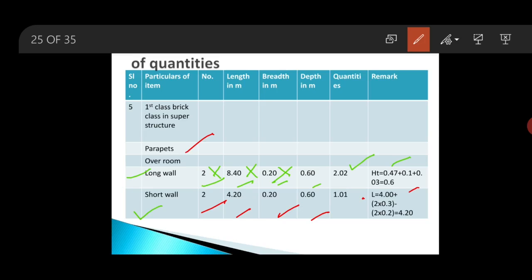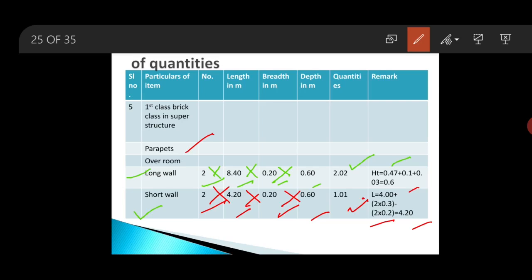Then from the out to out dimension you will subtract 0.2, that is the width of the parapet, from both the sides. Then we will multiply the dimensions and get the total quantity as 1.01 cubic meter.